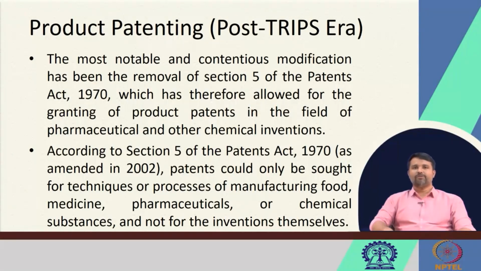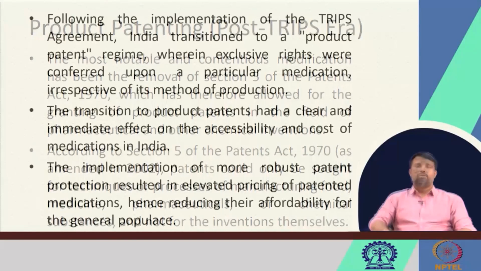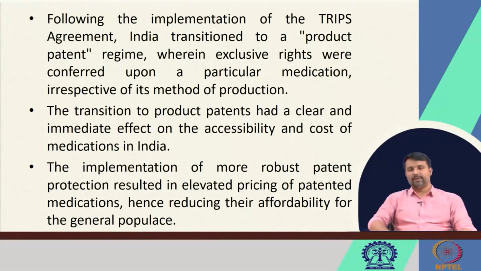According to Section 5 of the Patent Act, patents could only be sought for techniques or processes of manufacturing food, medicine, pharmaceuticals or chemical substances, and not for innovations themselves. Following the implementation of the TRIPS agreement, India transitioned to a product patent regime, wherein exclusive rights were conferred upon a particular medication irrespective of the method of production.